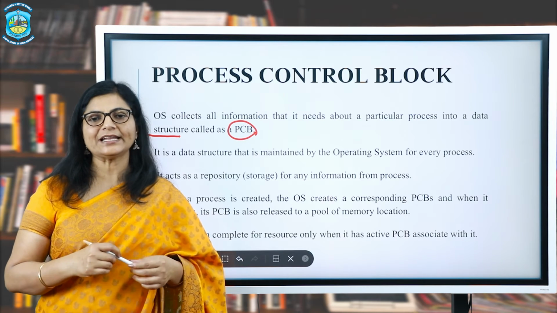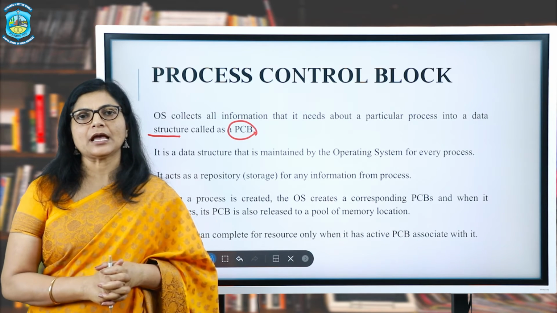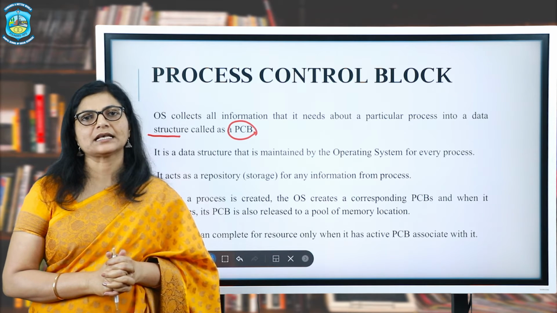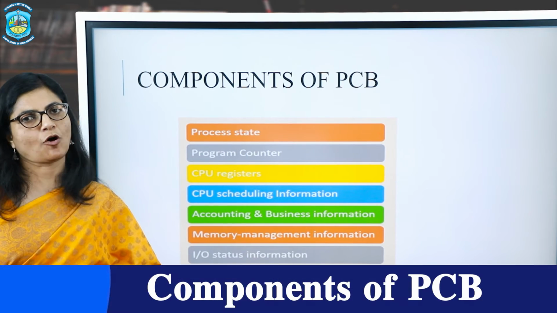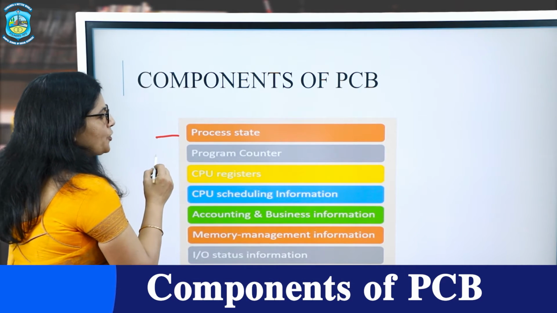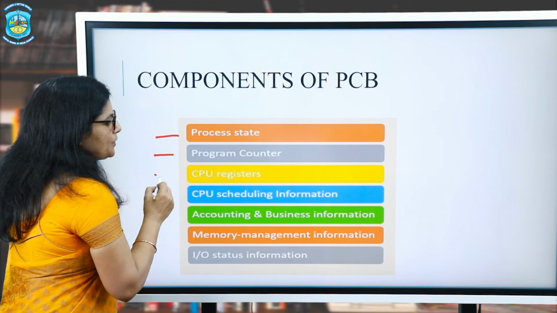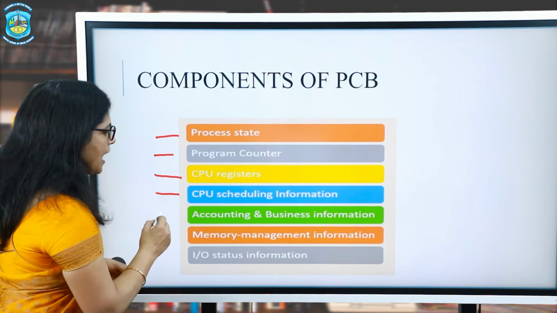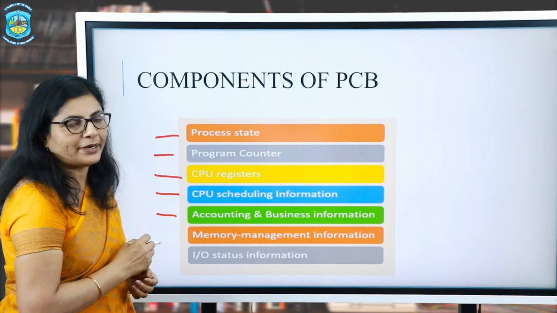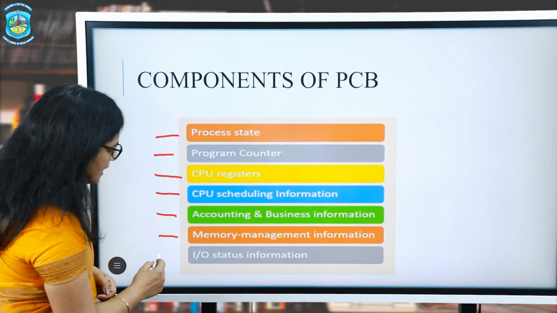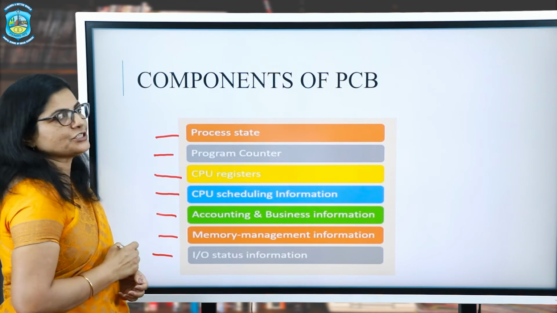The information is quickly updated in the PCB by the operating system as soon as the process makes a state transition. Let us see some of the components of the PCB: process state, program counter, CPU registers, CPU scheduling information, accounting and business information, memory management information, and I/O status information.